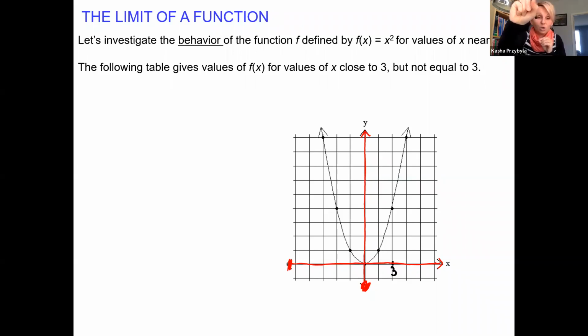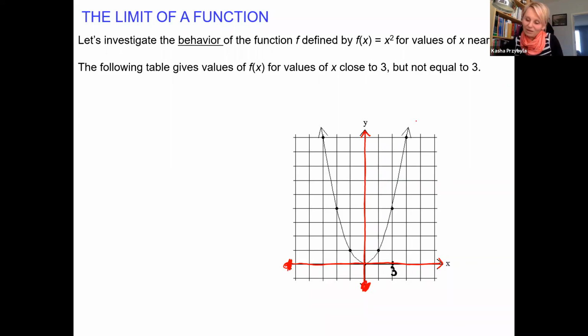We only point one direction, the increasing, the positive. We know it goes in the negative direction, but we never put the arrows. That's actually not good.